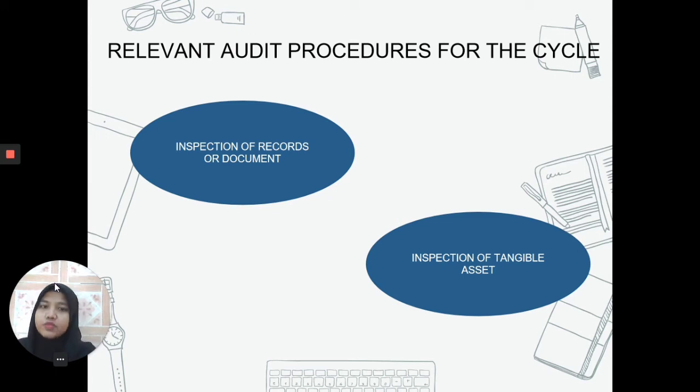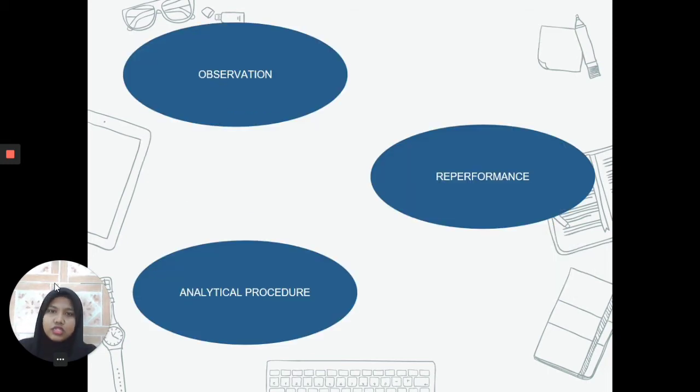Next is inspection of tangible assets. The approved sales order is sent to the storekeeper who checks whether the goods are available in stock to meet the request. If the goods are available, they can be sold. Next is observation.